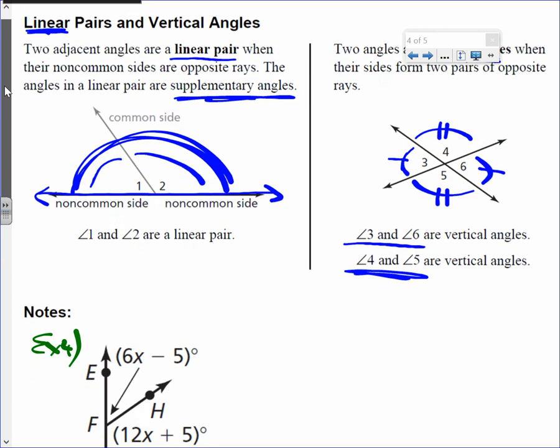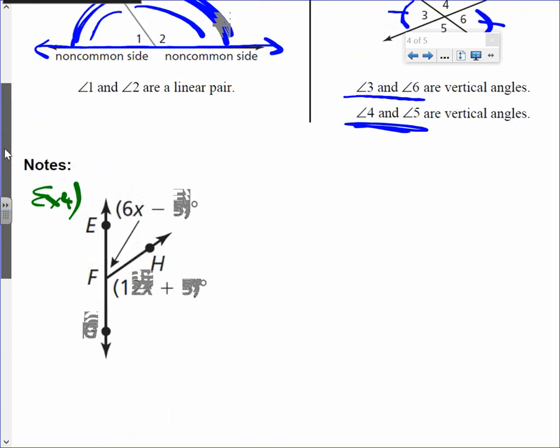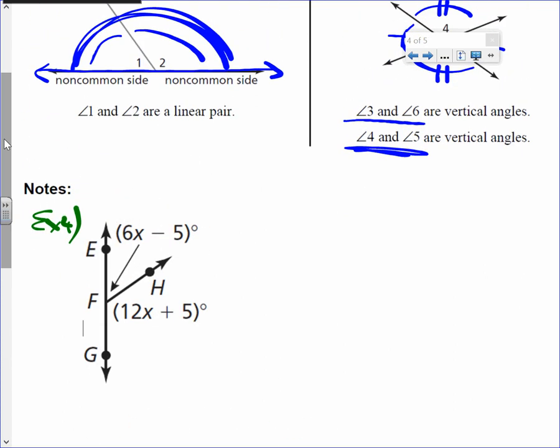So linear pairs, vertical angles. Let's do a few examples here. This is actually just like warm-up.